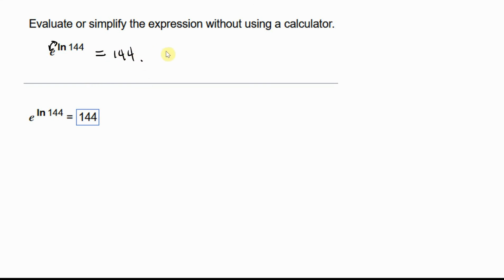Now, let's say you forget that, and that's fine.